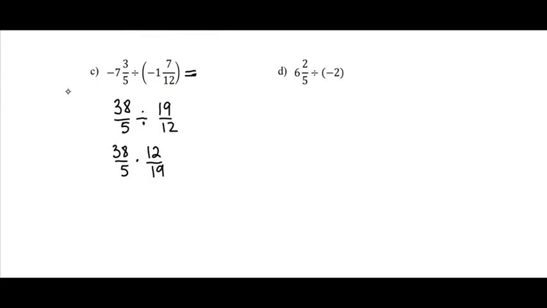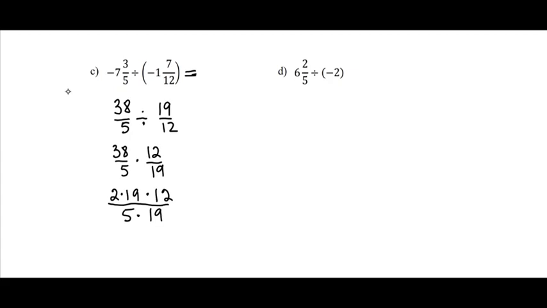All right. Let's see if we can break anything apart. I can see that I can represent 38 as 2 times 19. 12 is 2 times 6, but it's not going to give me anything. 12 is going to stay as a 12, and I have 5, which is a prime number, and 19 is a prime number as well.